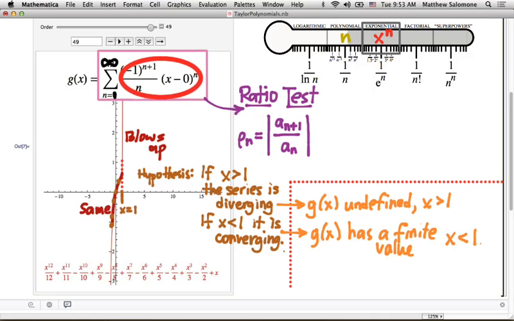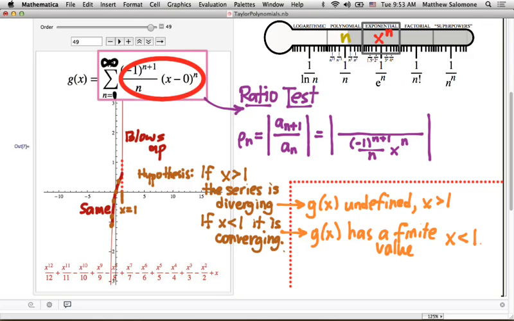So this whole thing here is our nth term. So my denominator, absolute value of, my denominator has negative 1 to the n plus 1 divided by n times x to the power n. So my denominator has an x in it.